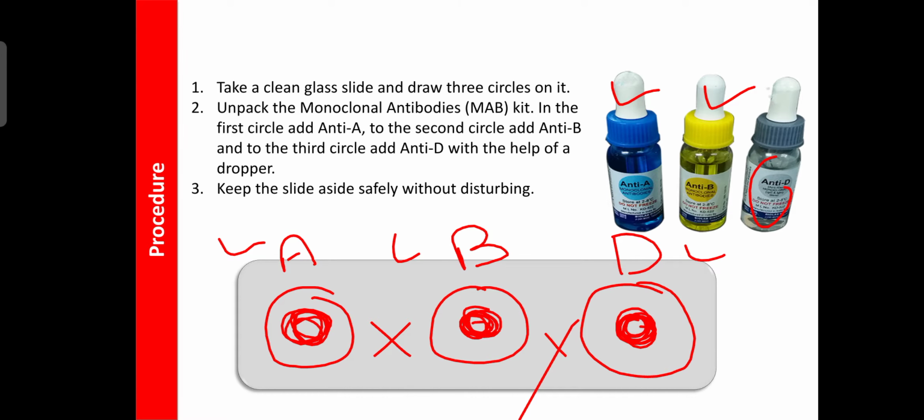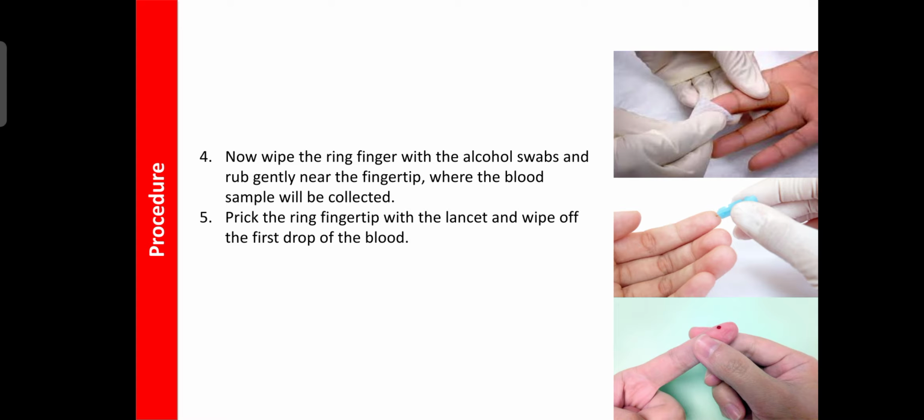In the next step, wipe your ring finger, because the ring finger directly receives blood circulation from the heart, so we can get sufficient blood for the experiment.